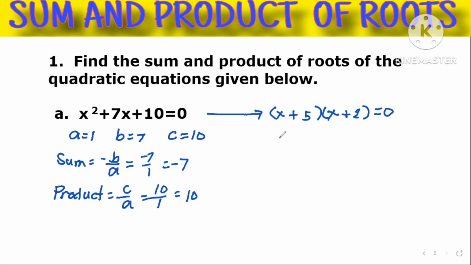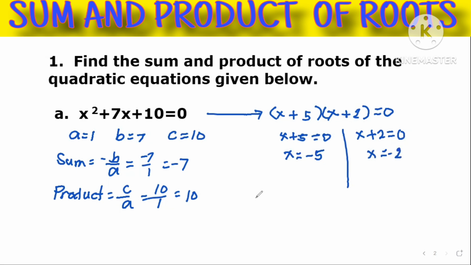So, applying the zero product property, we have x plus 5 equals 0 or x plus 2 equals 0. If x plus 5 equals 0, then x is equal to negative 5. And if x plus 2 equals 0, then x is equal to negative 2.